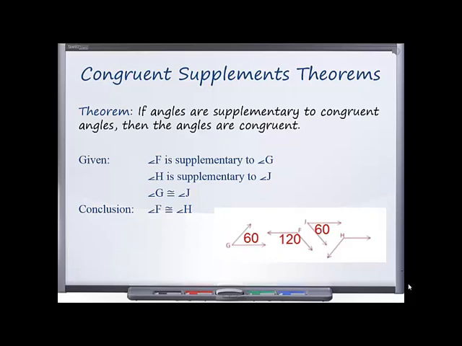And if H is supplementary to J, that makes H 120 degrees. So we can see that F and H have equal measures, and therefore they're congruent. So the proof of this would look very similar to the last proof we did. We would use some algebraic expressions to represent the angles and see that F and H would have equivalent expressions, and we can then conclude that they are congruent.